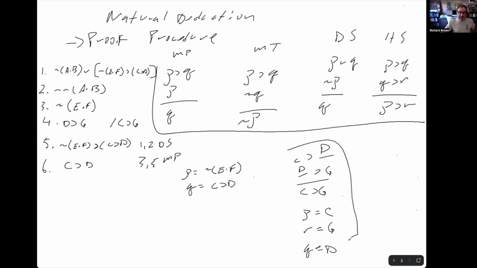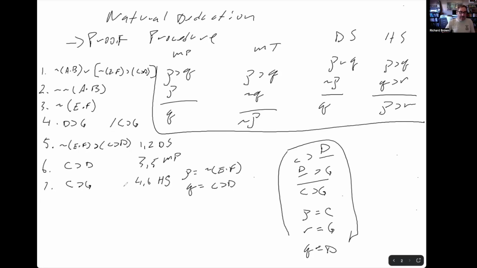Now we just have to enact our ultimate goal over here because we have C horseshoeing D and we have D horseshoeing G, and that allows us to write that C horseshoes G by hypothetical syllogism on lines 4 and 6. So then we'd be done because the thing we wrote down on line 7 is the conclusion.